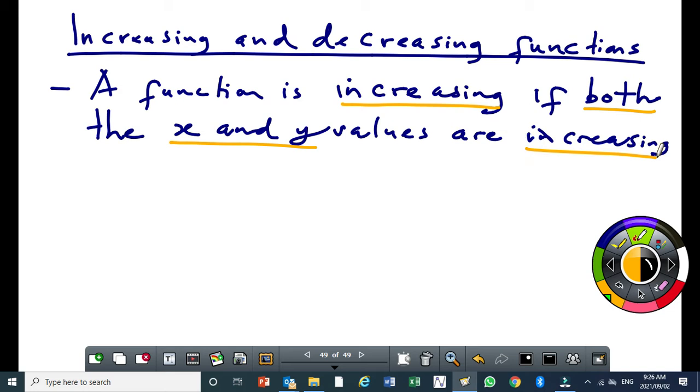Okay, I'm going to give you another way of defining an increasing function in terms of gradient.